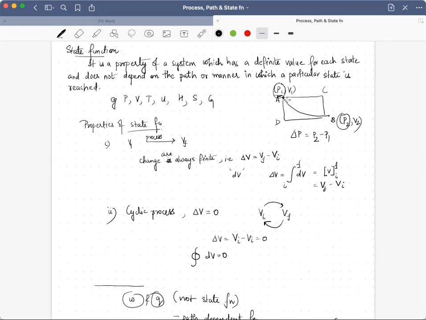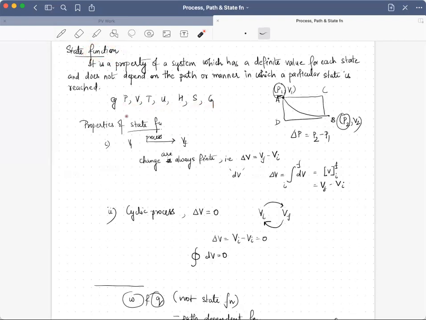So such variables, which don't depend on the path that is followed in undergoing a change, are referred to as state functions. For example, pressure, volume, temperature, internal energy, which we are going to study, enthalpy, entropy, free energy.